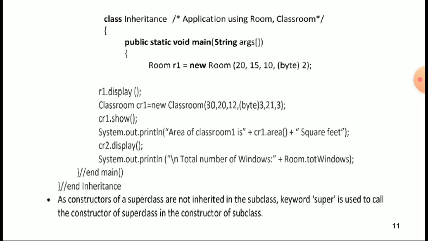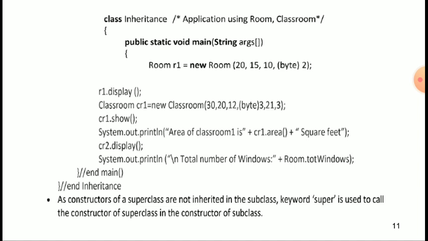Next is the class inheritance application using Room and Classroom. Starting curly brackets, public static void main, String arguments. Room R1 equals new Room(20, 50, 10, byte 2). R1.display.